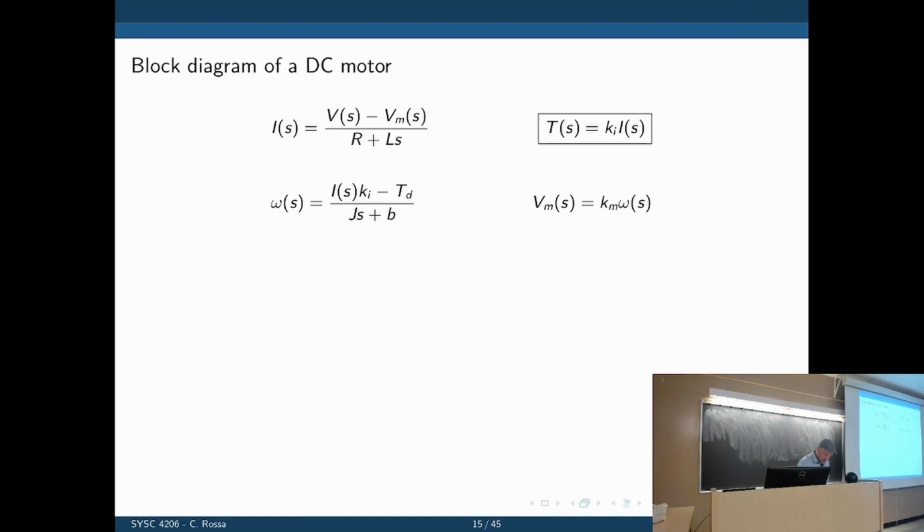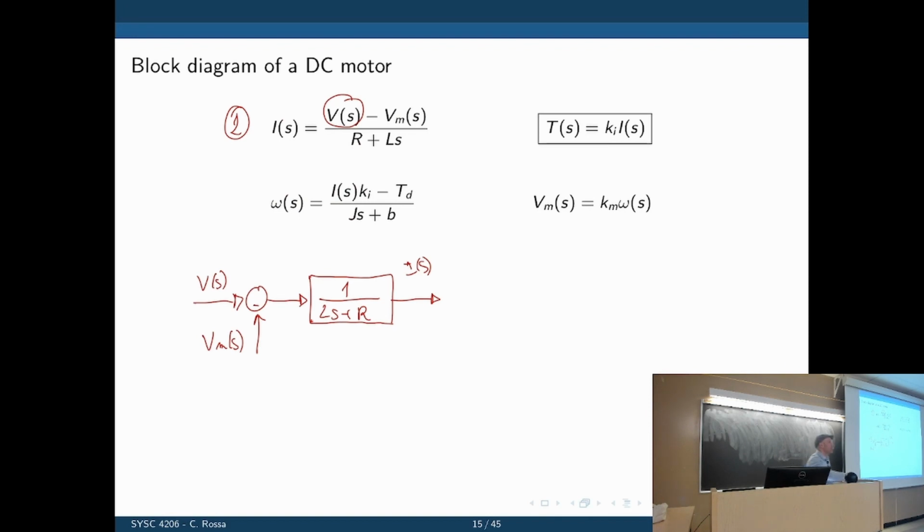So the voltage that we see in equation 1 right here. So we have V of S minus Vm of S. The result of this is the top of that equation. So if we divide it by Ls plus R, what's the output? I of S. Is everybody okay with this?